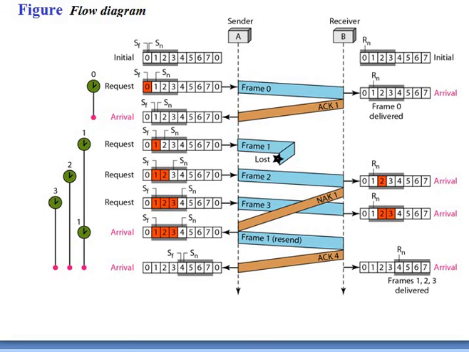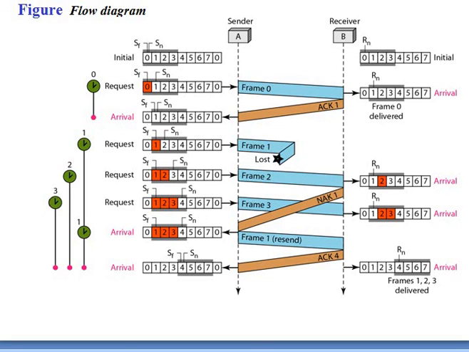The timer for frame 1 starts at the second request, restarts when the not acknowledgement arrives, and finally stops when the last acknowledgement arrives. The other two timers start when the corresponding frames are sent and stop at the last arrival event.